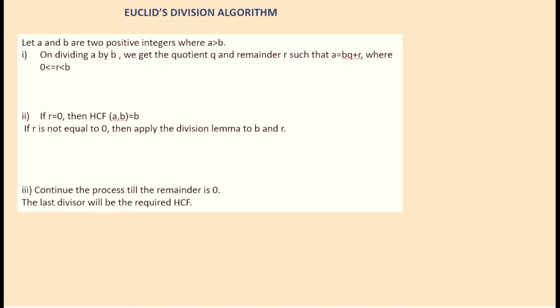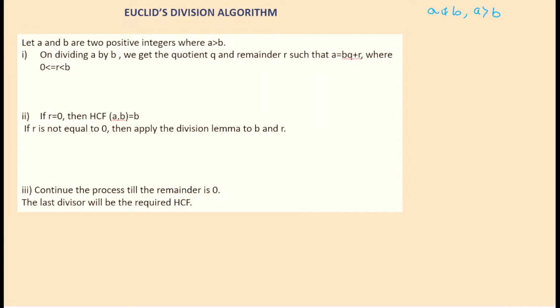Let's read each and every step of Euclid's division algorithm and analyze it with the help of an example. The first step is: let A and B be two positive integers where A is greater than B. So the story starts from A and B being two positive integers, with A greater than B.